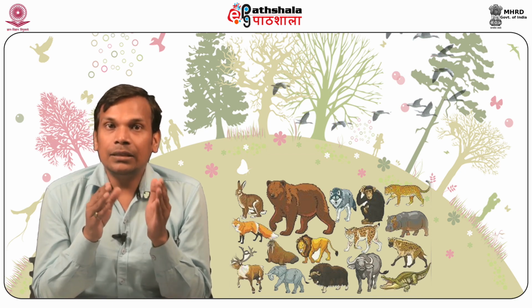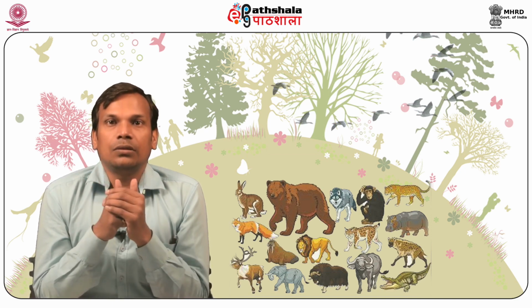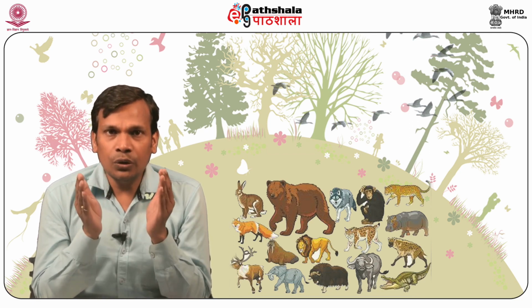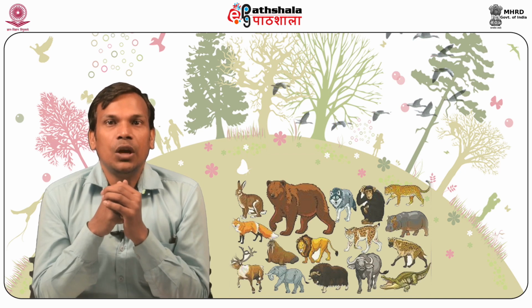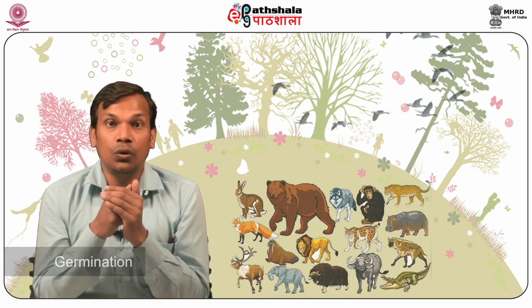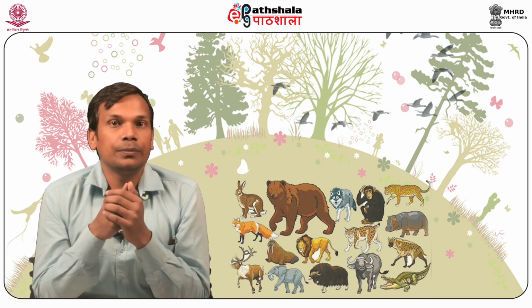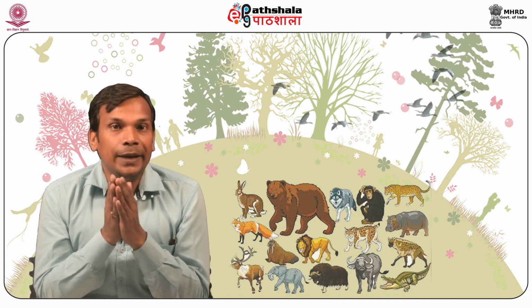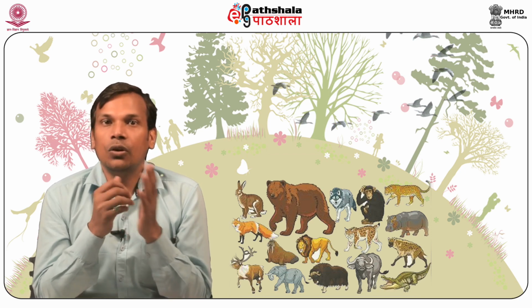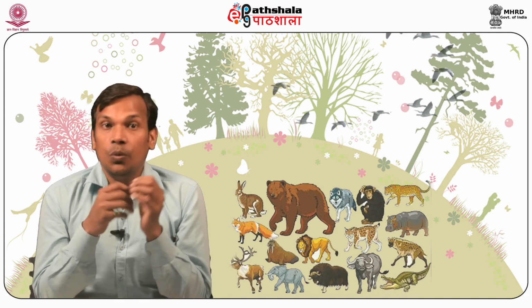Natality is another important characteristic of the population, which tells the production of new individuals which arise from hatching, germination, or by fission. It is further explained as absolute natality and ecological natality.